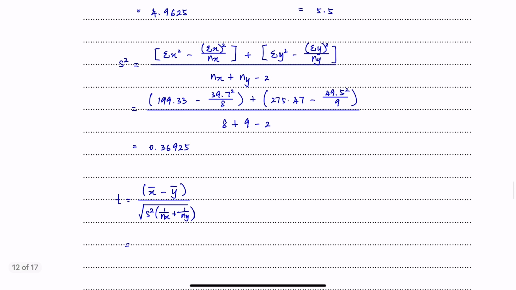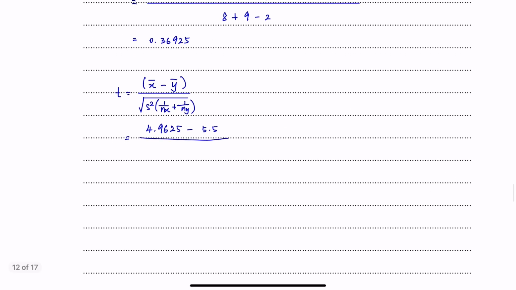For sample mean of x, we have 4.9625, and sample mean of y is 5.5, divided by the square root of the pooled variance, which is 0.36925, times 1 over 8 plus 1 over 9. So this would give us negative 1.82, rounded to 3 significant figures.